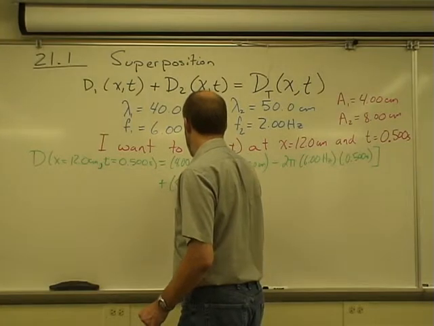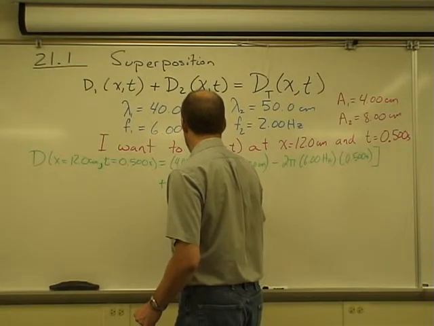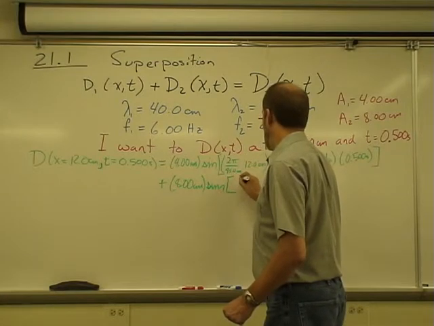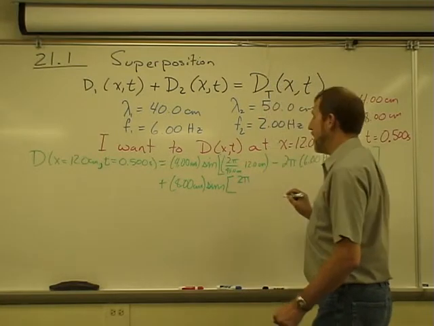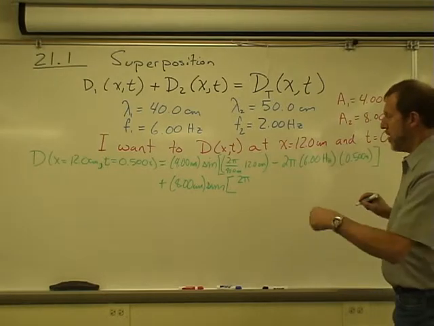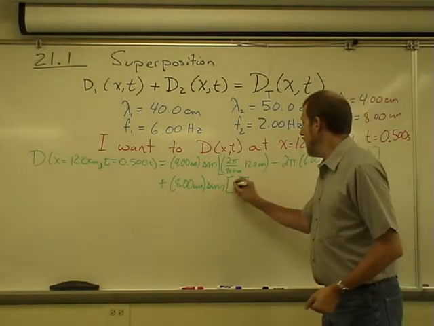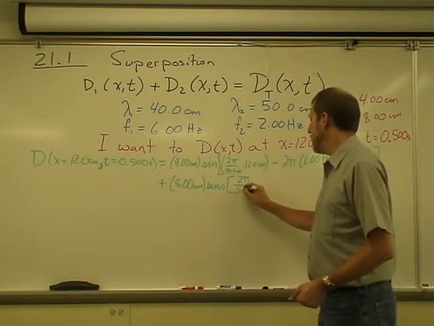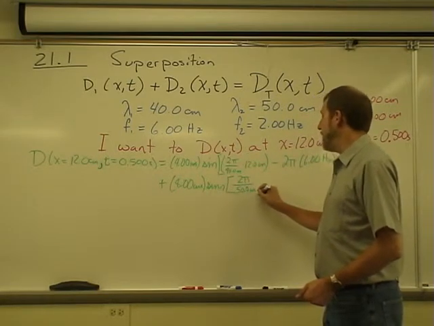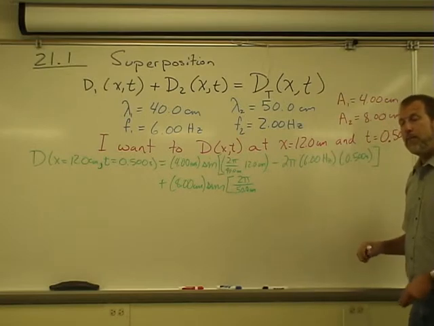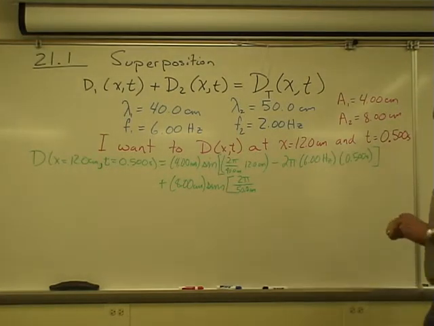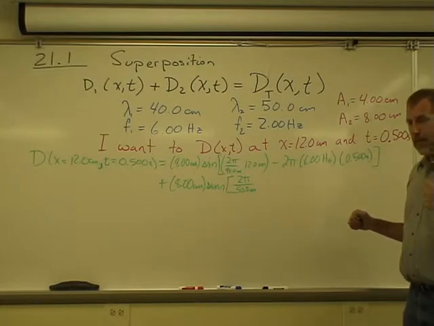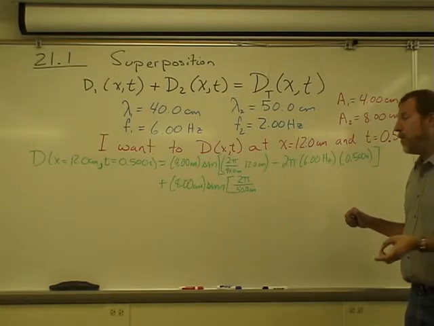plus 8 centimeters times the sine of the wave number for the second wave, k, which is 2 pi over lambda. Now you'll notice that at 2 pi over 50 centimeters, I did not bother to put the wavelength or the position into standard units, like meters.